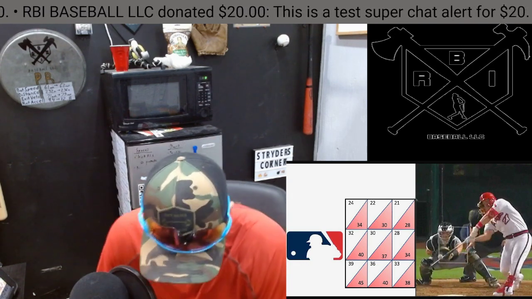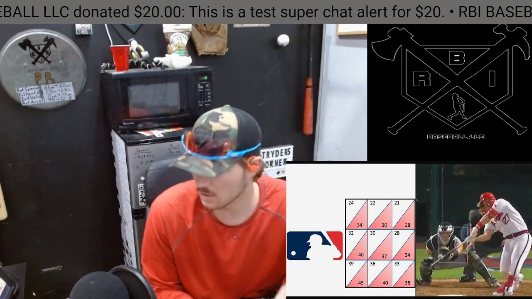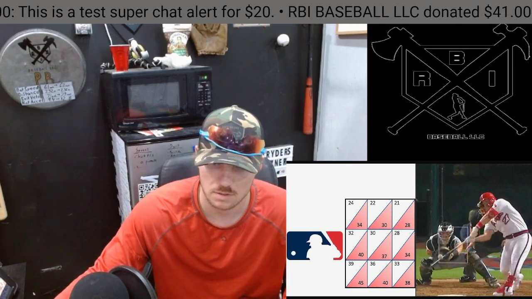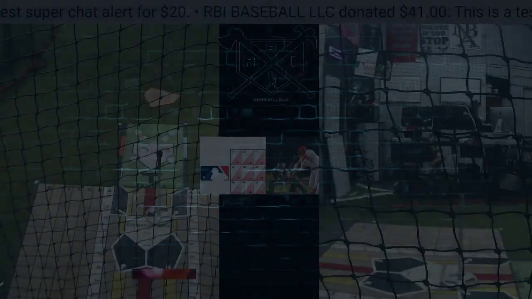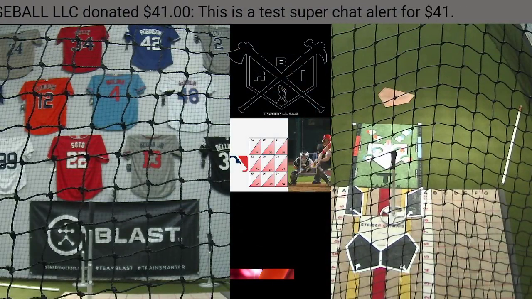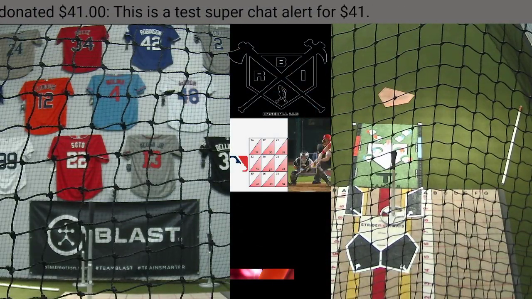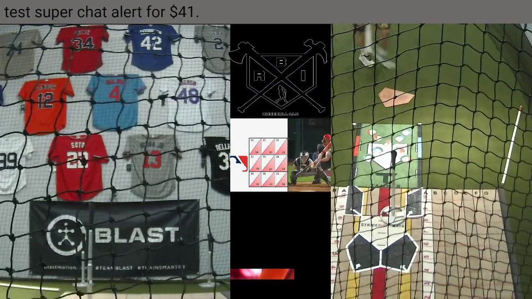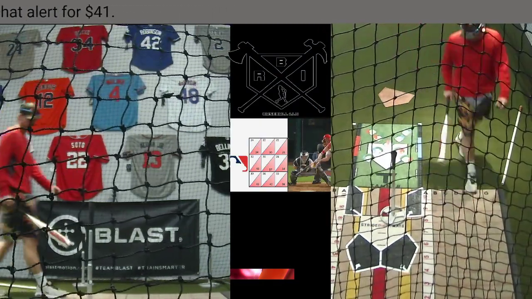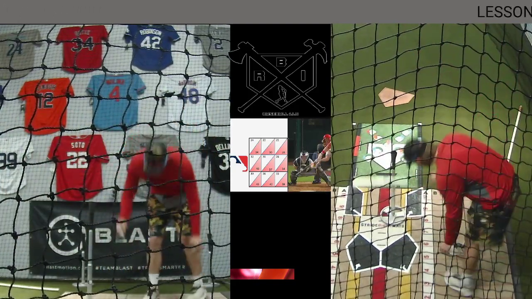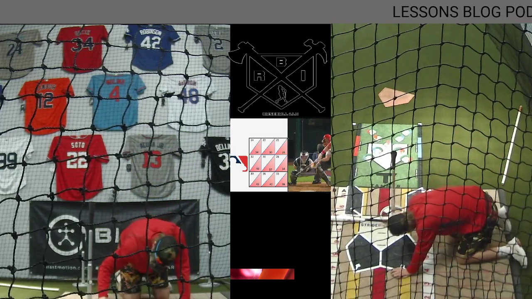All right, so if I was a lefty, let's try this out. Let's do this again, folks. Actually, let's go to left-handed. So now, if I'm a lefty, same idea.